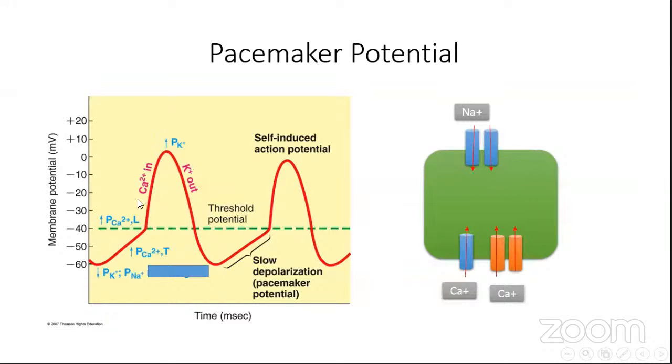This is the depolarized phase of this action potential, and it reaches about +20. At this point, this calcium channel shuts off, and potassium channels open and start to leak out of the cell, bringing the cell back to the resting potential because of the return of negativity inside the cell.